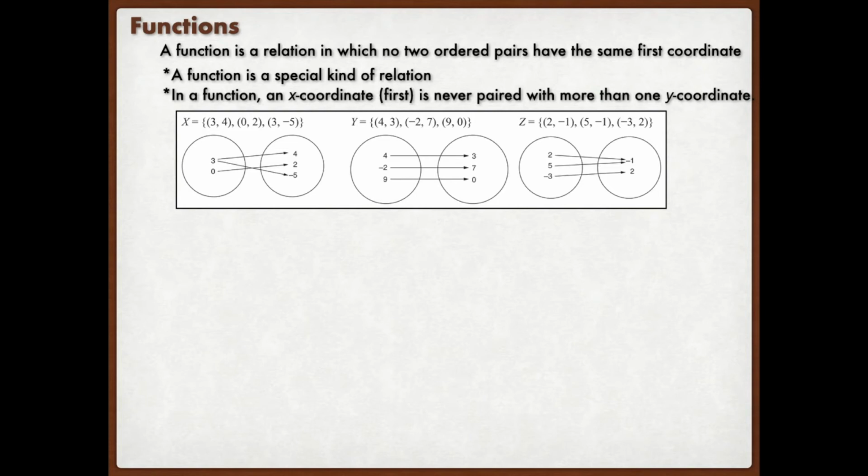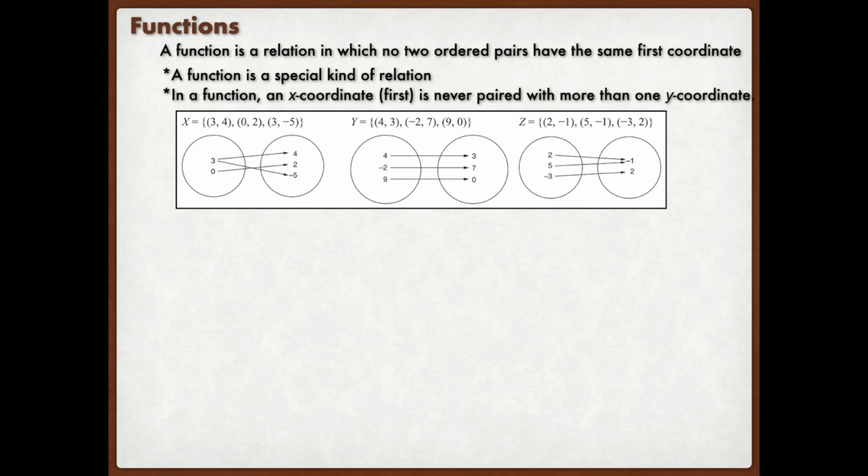You can see on the x circle map, the coordinate pairs are (3, 4), (0, 2), and (3, -5). Because (3, 4) and (3, -5) have the same x coordinate, which is 3, that means that is not a function.